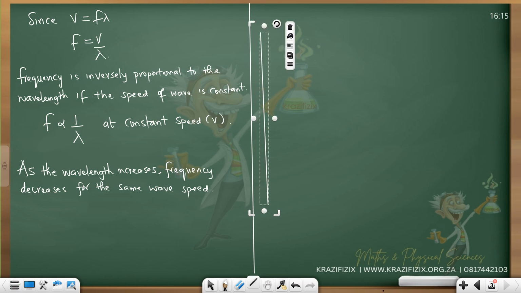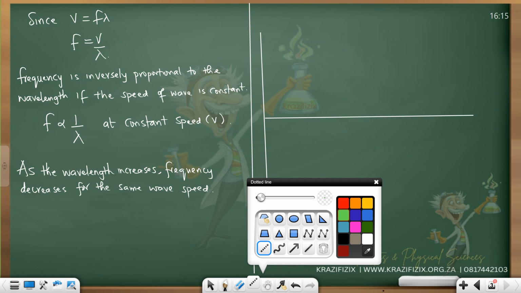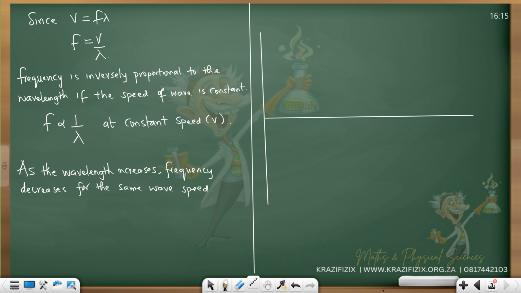As the wavelength increases, the frequency decreases for the same wave speed.